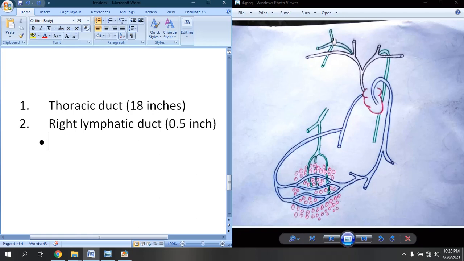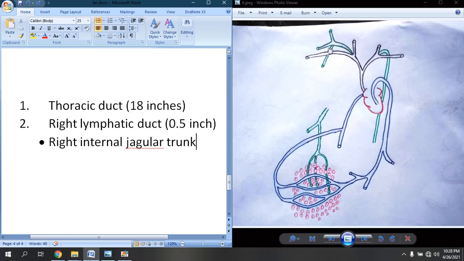The right internal jugular trunk. This is not called a duct here; this is a trunk. This is another trunk, and these three trunks combine together to make a duct.